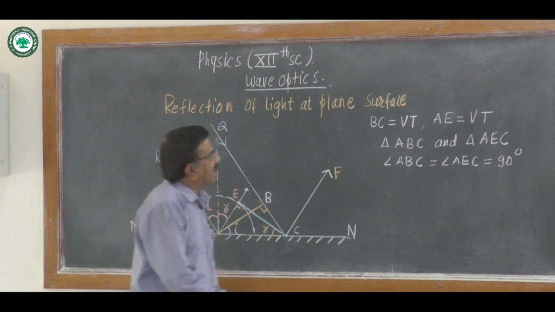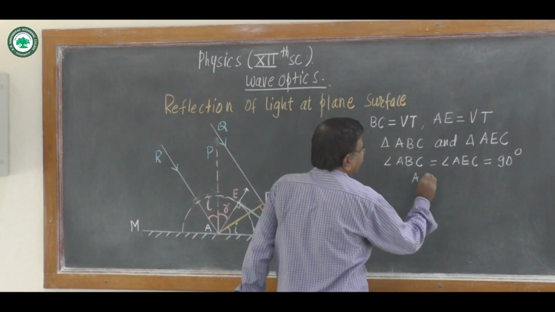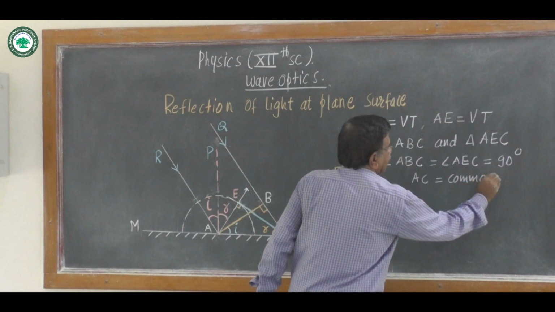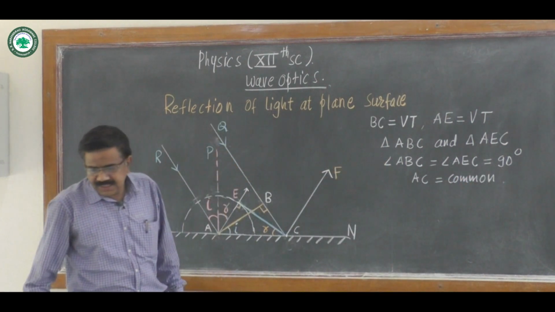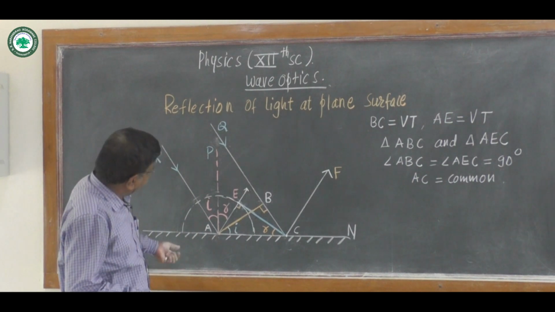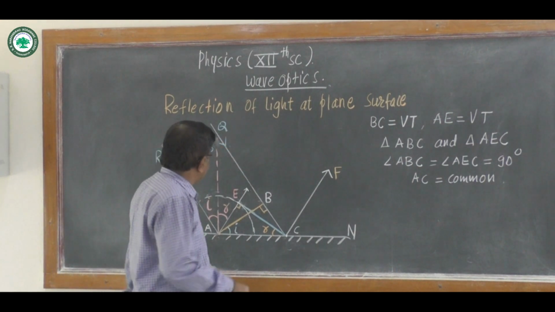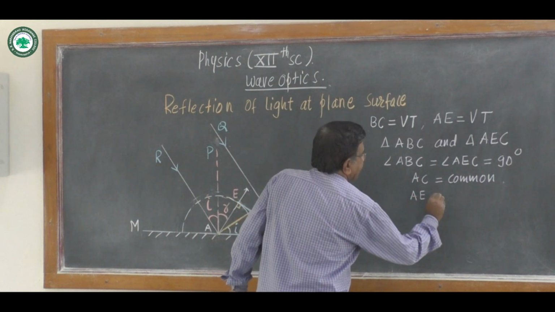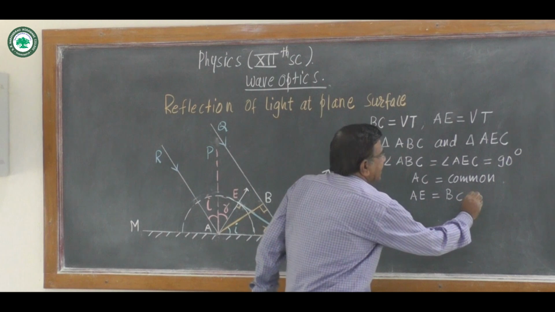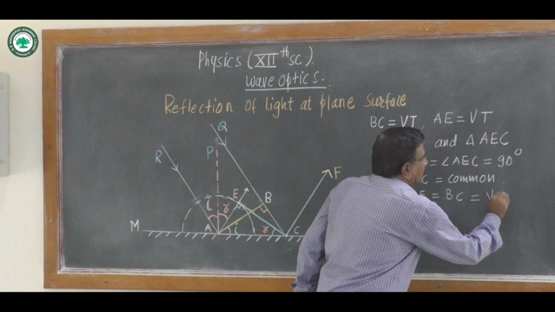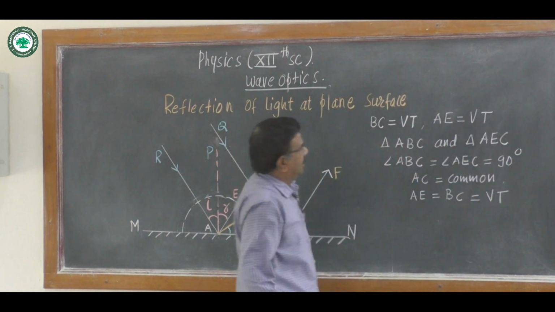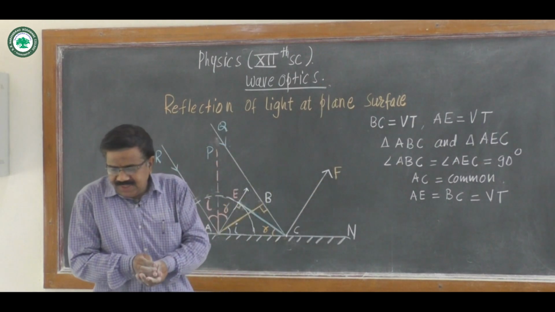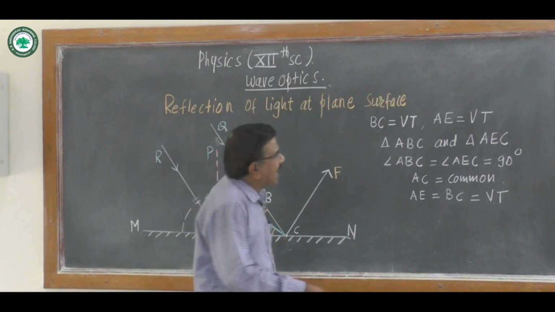In both these triangles, AC is the common hypotenuse, and again AE is equal to BC, and that is equal to v into T, we know. As these three conditions are satisfied, we say that the triangles are congruent.